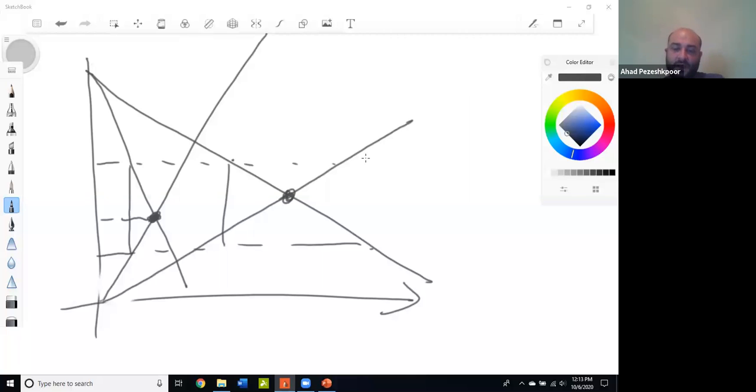Yes, inelastic. The more vertical a curve is, the more inelastic. It means people need it more. The flatter a curve is, the more elastic, meaning people can afford to move out.